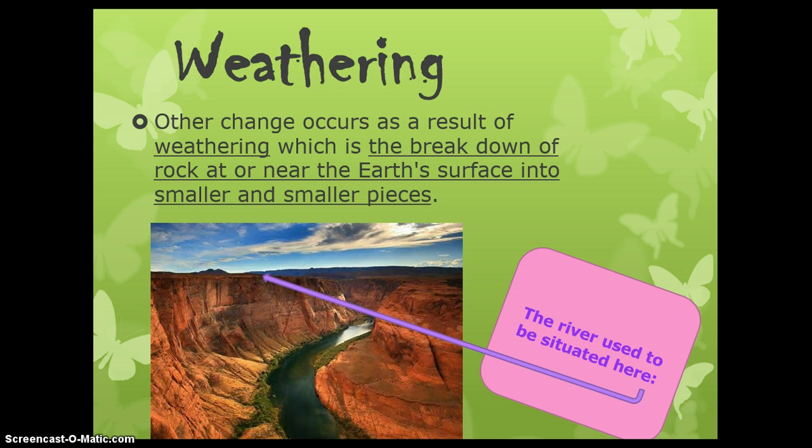Now, weathering. This is a great picture of the Grand Canyon, and you could see the river at the bottom of the canyon. It's important to know with weathering that physical processes with the earth, some of them are due to weathering, rain, water, erosion, etc. Now, this river used to be situated at the top part, kind of lying on top, and over time the water, the force of the river has whittled away or cut away the earth to form this beautiful canyon.